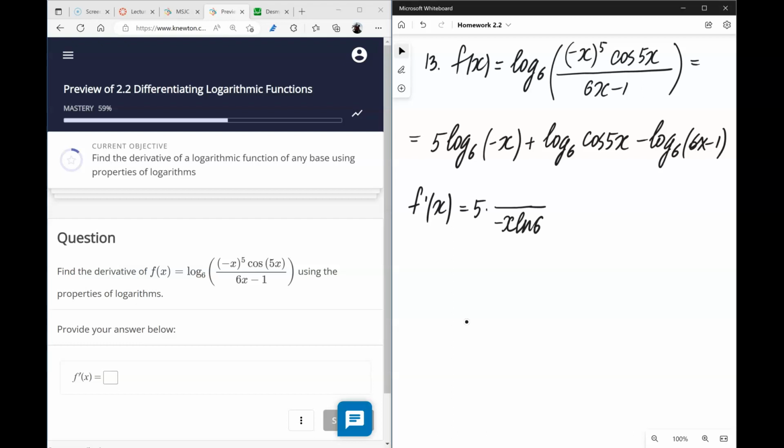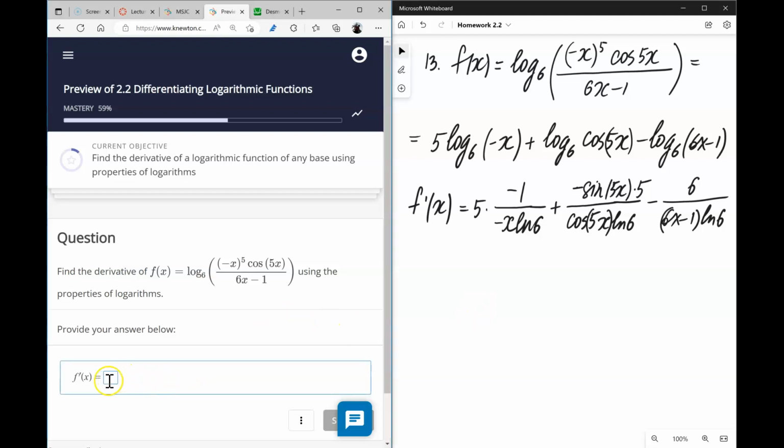using the chain rule here, so the derivative is a reciprocal with ln 6 in the denominator times the derivative of negative x, so it's negative 1. Same here, cosine 5x and ln 6 go in the denominator. In the numerator goes the derivative of cosine, which is negative sine of 5x, times derivative of 5x, which is 5, and same here, 6x minus 1 and ln 6 go in the denominator, and the derivative of 6x minus 1, which is 6, goes in the numerator.